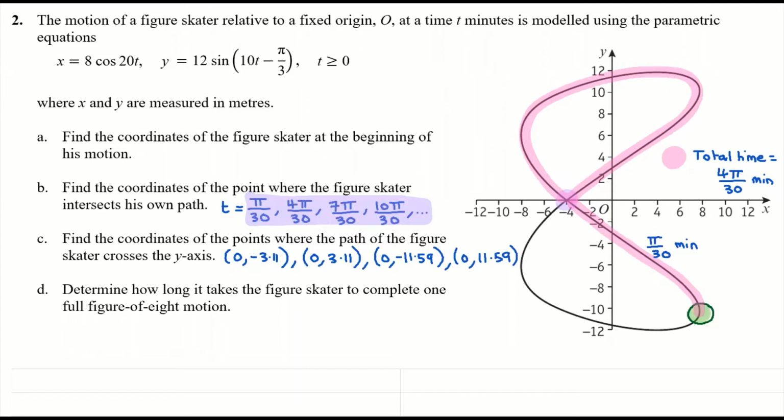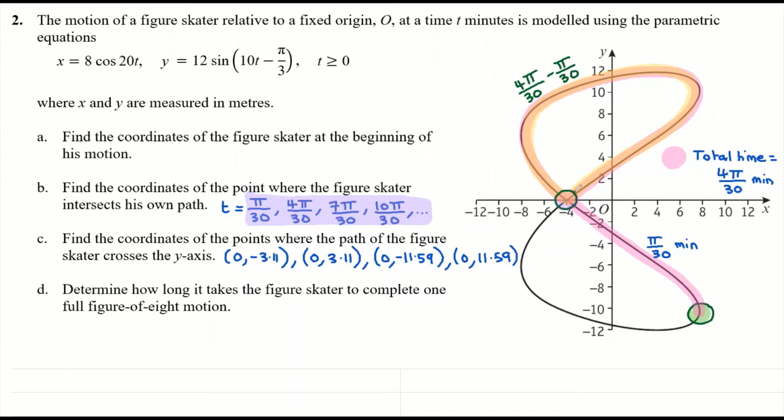All right, but let's suppose we're just interested in the loop in the top half of the plane. So if I just go over that, this part here starts at pi over 30 and returns to the original point at 4 pi over 30. So for that path, the amount of time that took is going to be 4 pi over 30 minutes, subtract the pi over 30 minutes, because it took pi over 30 minutes to get to the starting point right here in the first place.